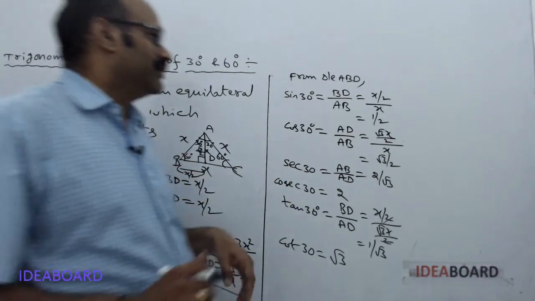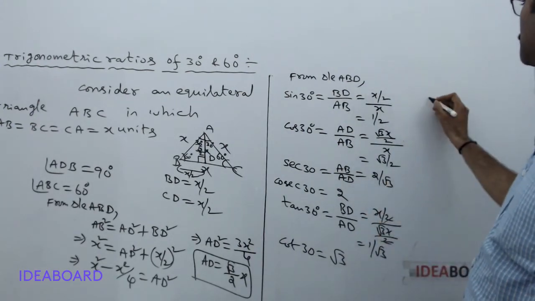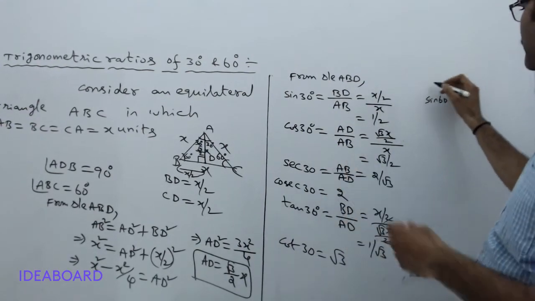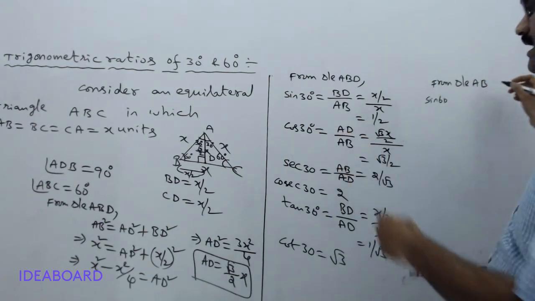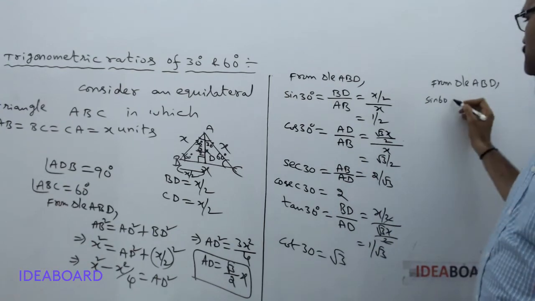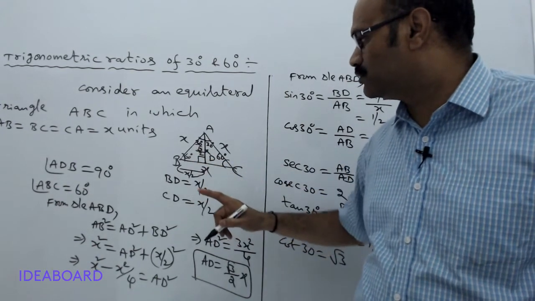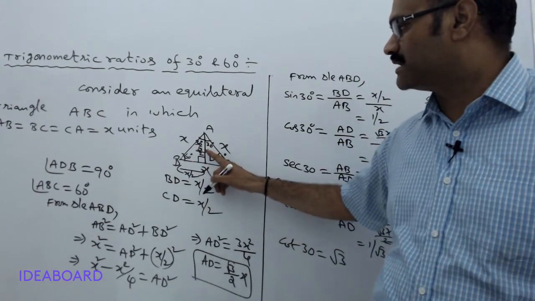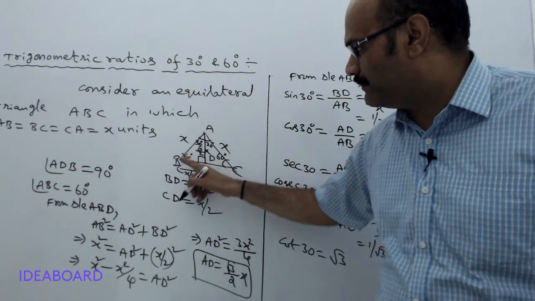Now we have to find sin 60. Same triangle, from triangle ABD, sin 60 degrees equal to opposite side by hypotenuse, so AD by AB.